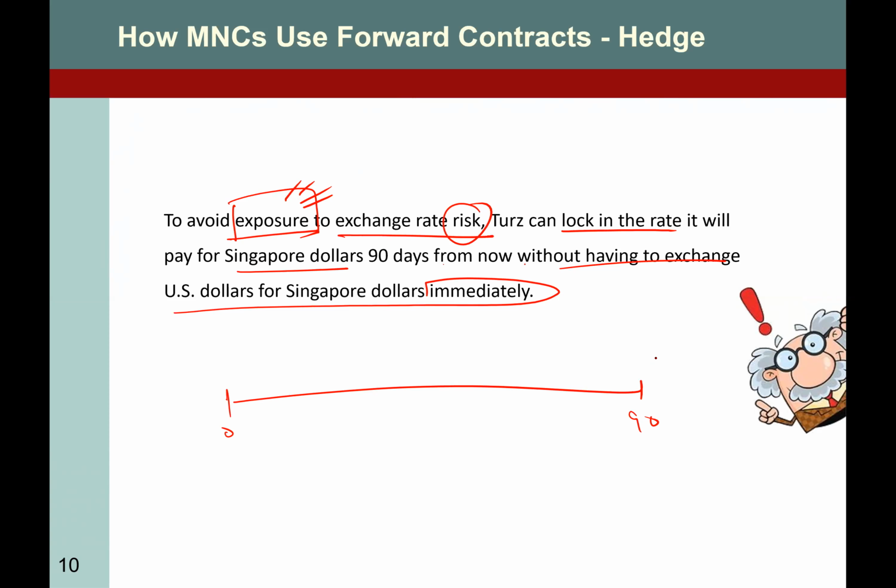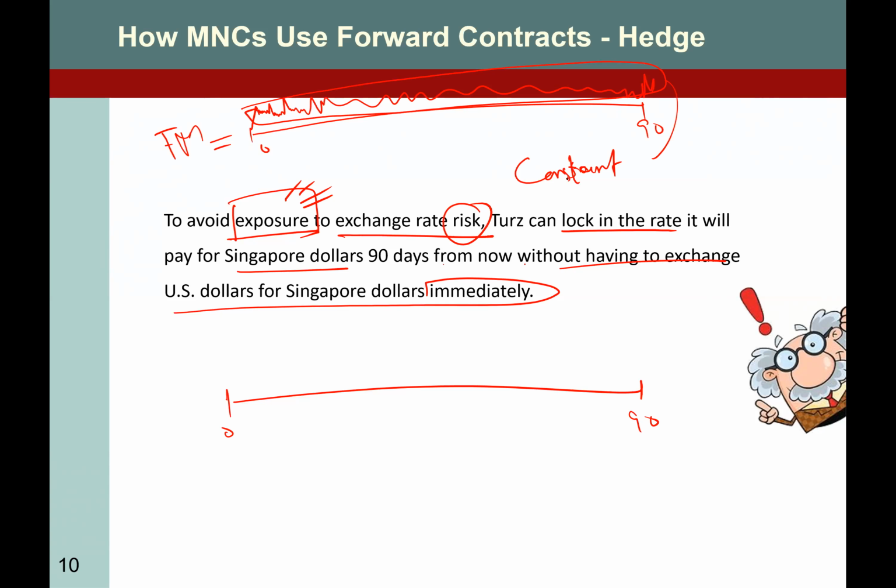If they don't enter into this contract, then the financial manager will be in constant pain every day from 0 to 90 days. He will be watching the open market rate, value up, value down, value up, value down, like this, right? And this gives them constant pressure and workload as well.